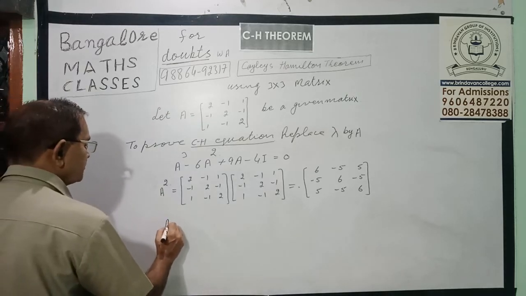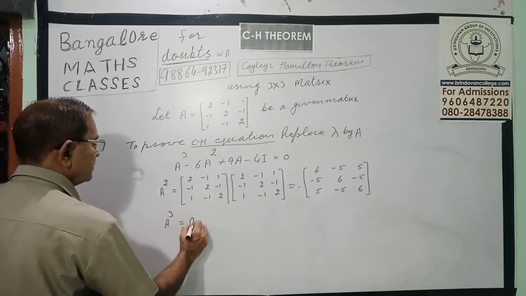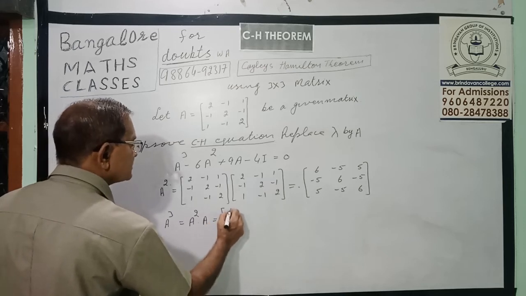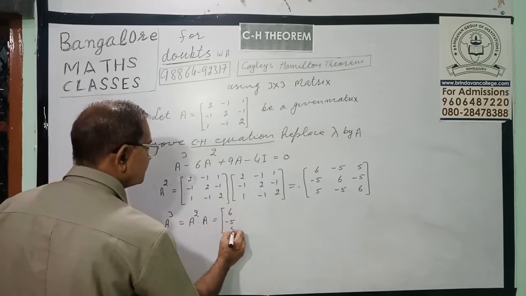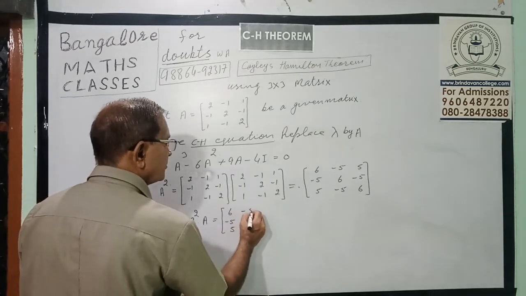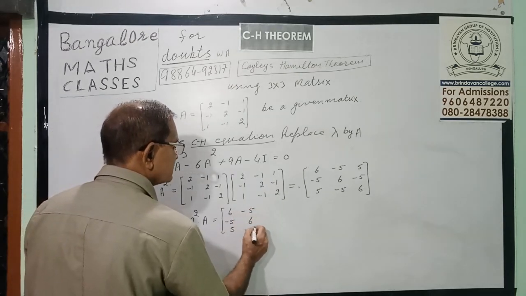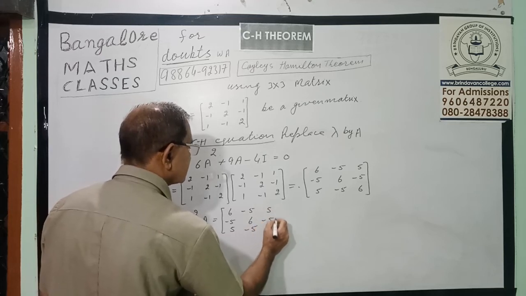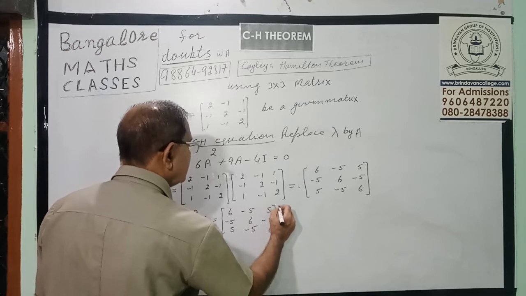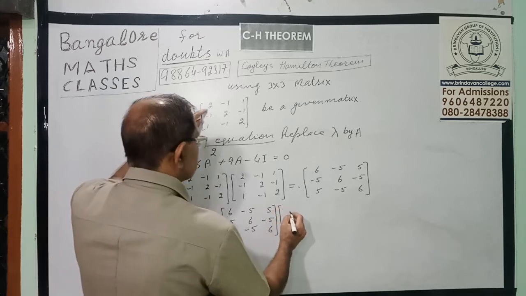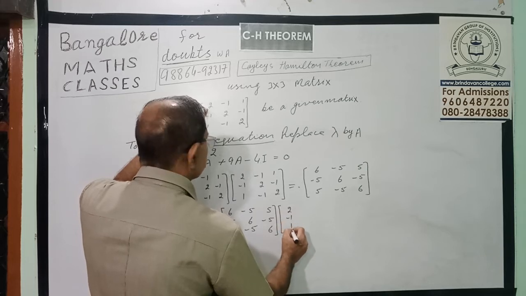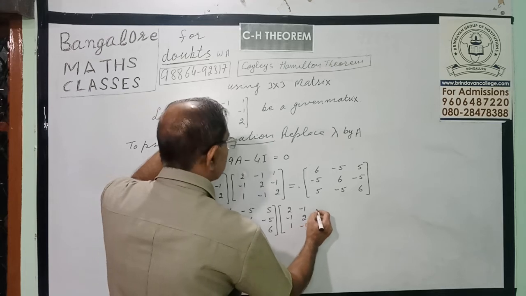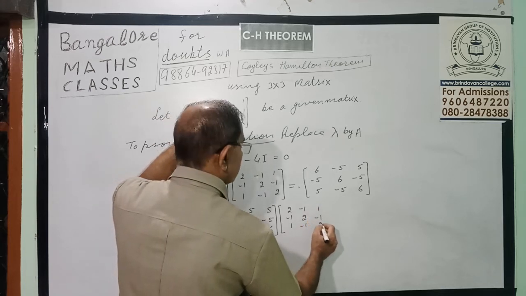Then for A cube, A square into A. A square is 6 minus 5 5, minus 5 6 minus 5, 5 minus 5 and 6, into A, that is 2 minus 1 1, minus 1 2 minus 1, and 1 minus 1 and 2.